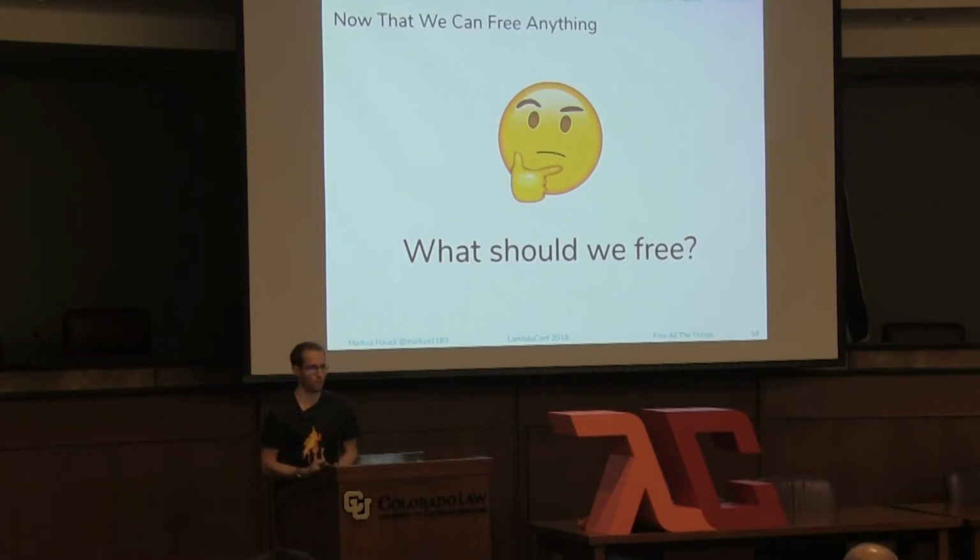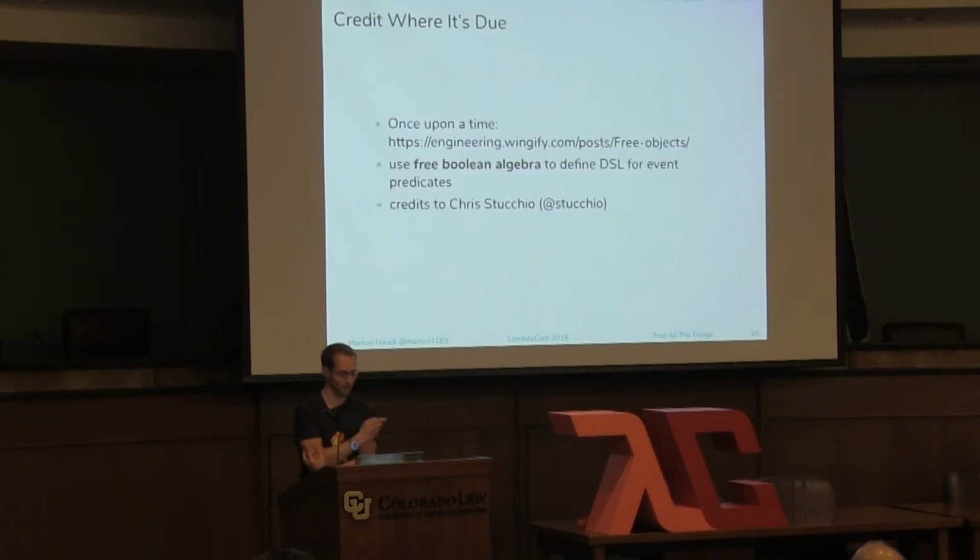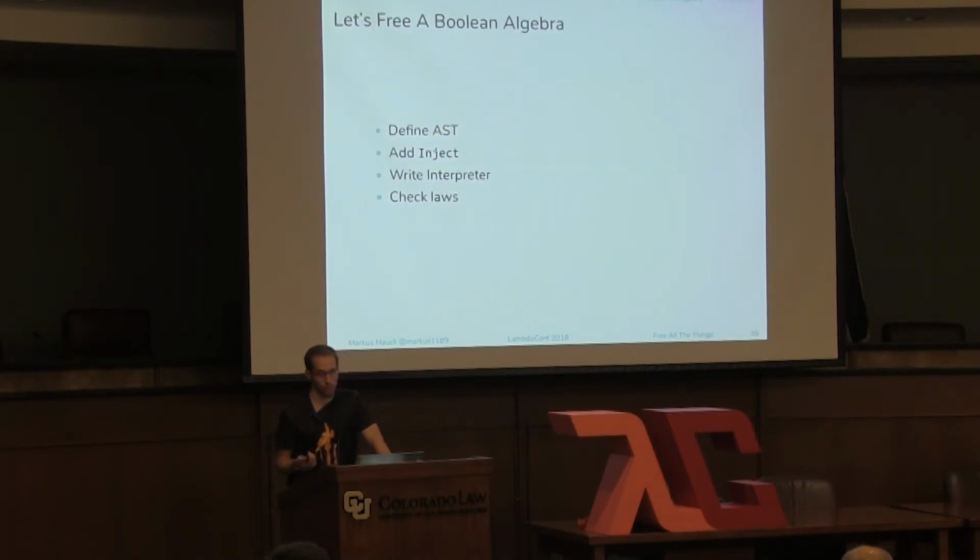And now that we can free almost anything, what should we free? And up until now, they were very common structures, but let's look at something that is more interesting. And I think it was several years ago when I read a blog post by Chris Ducchio about free objects, and he was freeing a Boolean algebra. OK, so our recipe is the same.